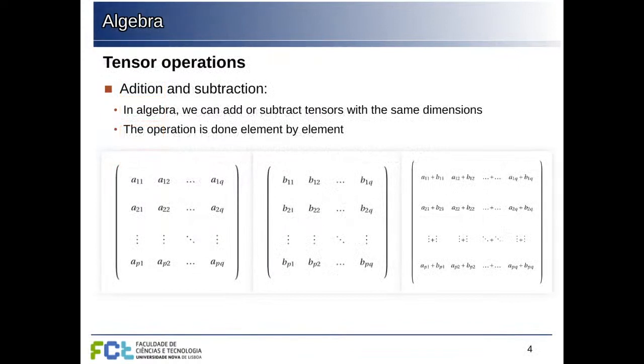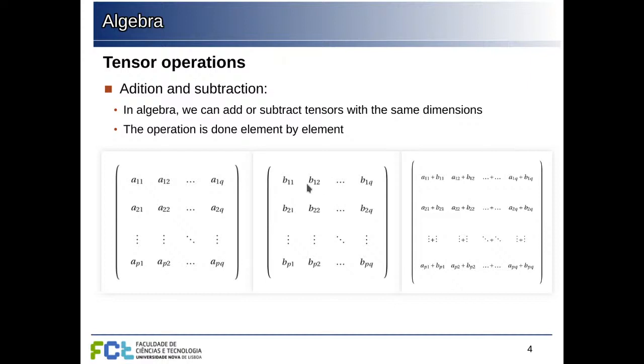So one thing that we can do, and you probably already did with NumPy, with arrays and matrices and n-dimensional arrays, is to do these sorts of operations, adding and subtracting element by element. Even in algebra, using matrices and vectors, we do this. If we have matrices of the same size, we can add or subtract them simply by applying the operation to the corresponding elements.